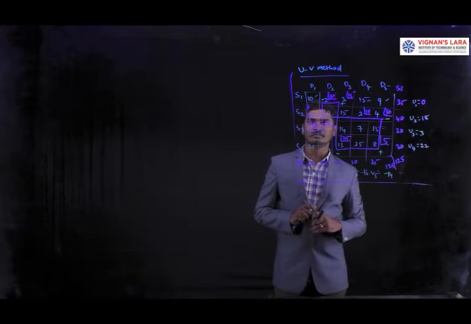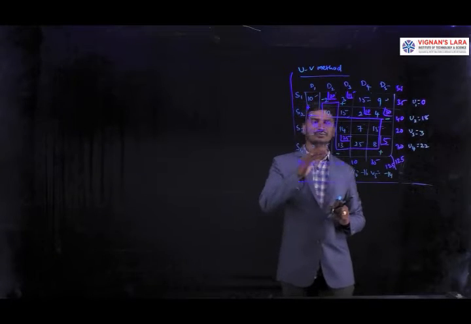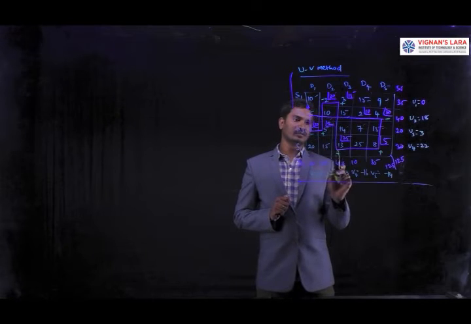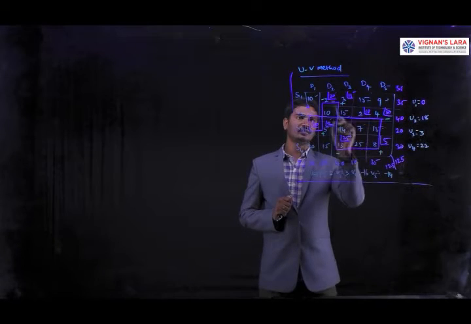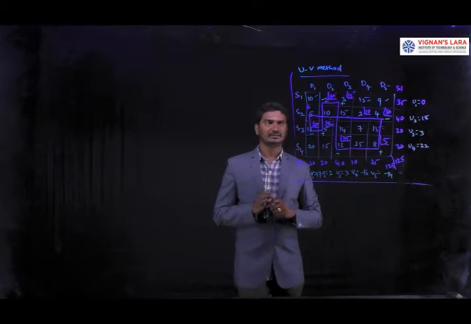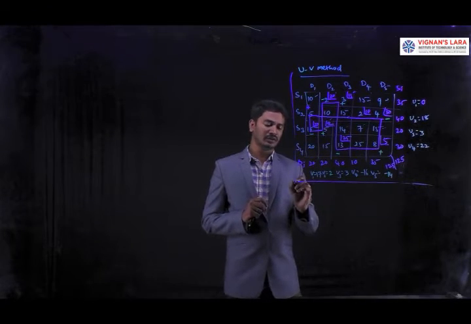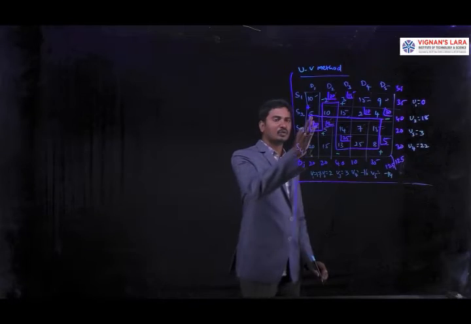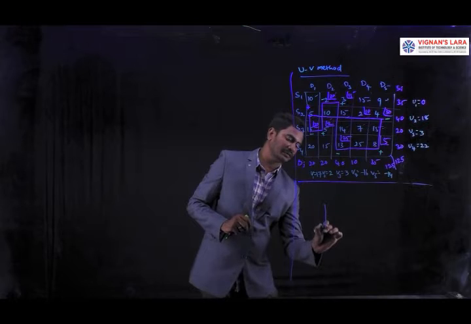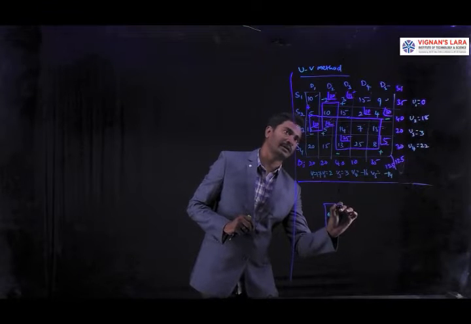The minimum value is taken at a negative position. Here we have 4 negatives, 1, 2, 3, 4. From these 4 the minimum negative is 20. Now we are going to transfer the 20 units throughout the loop. Here I am going to draw that loop again.